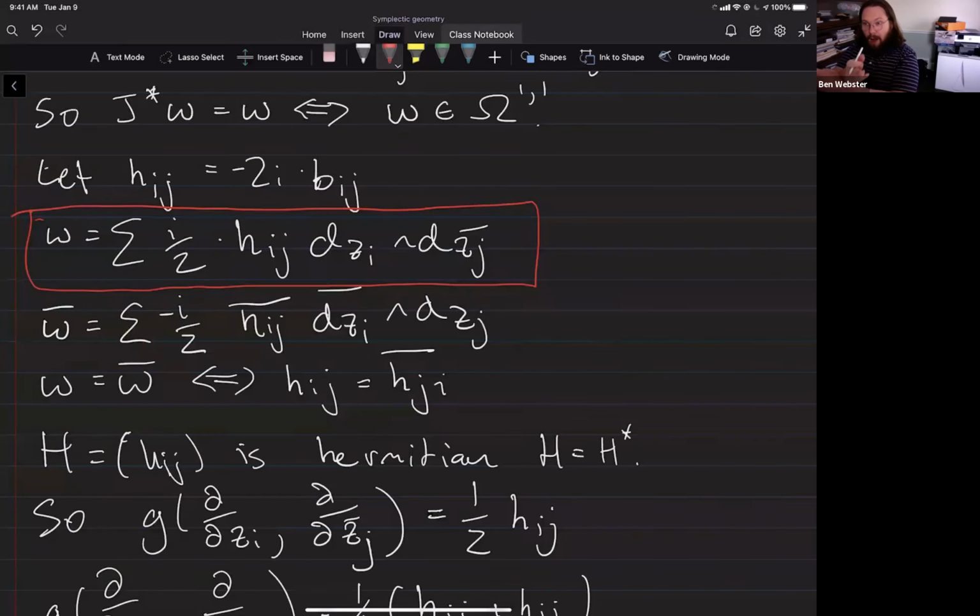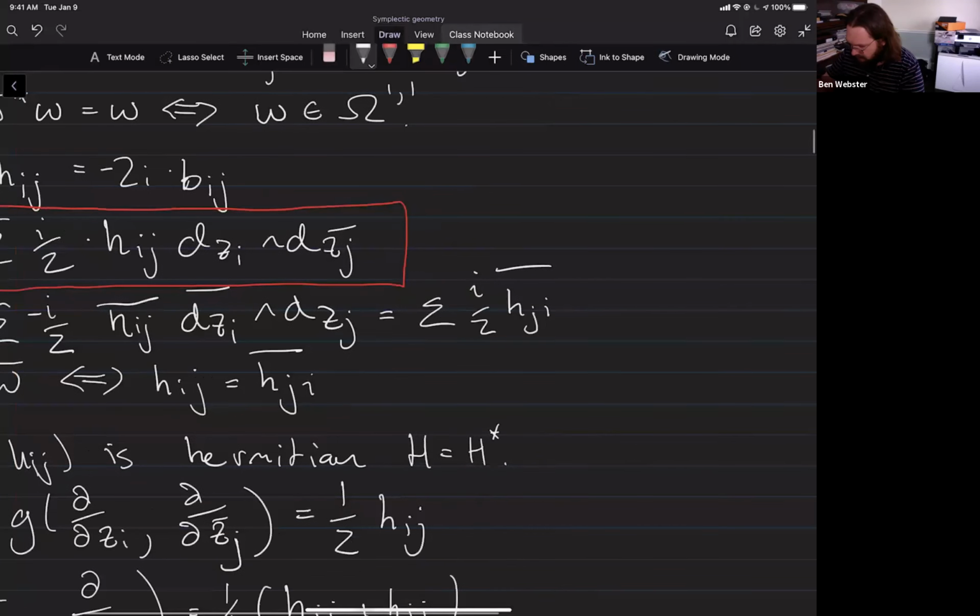And then I want to swap the order of my wedges, so I pick up an extra minus sign from swapping the order of the wedges. I get i over 2 h_ji bar dz_i wedge dz_j bar.